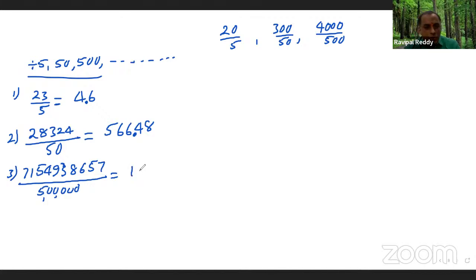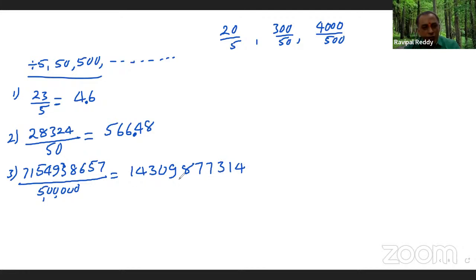It is 1,430,987,731,4. The denominator has a total of 6 digits.